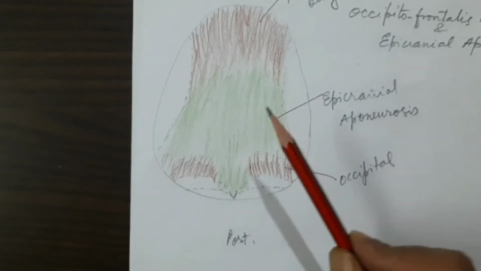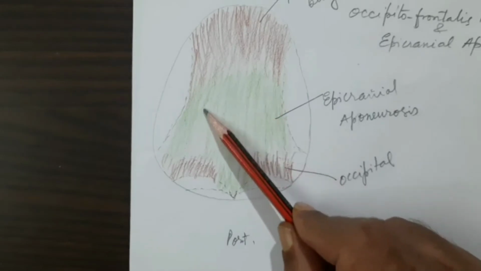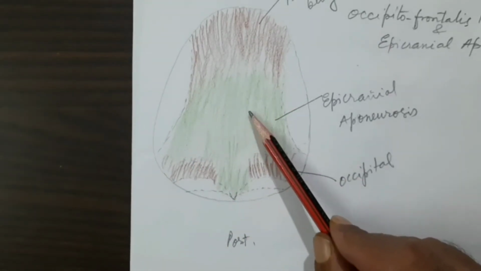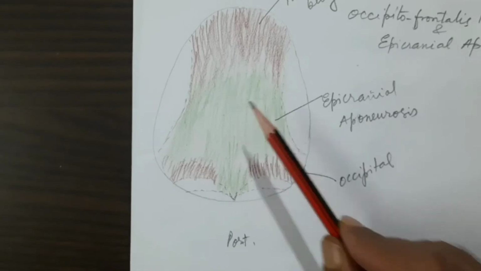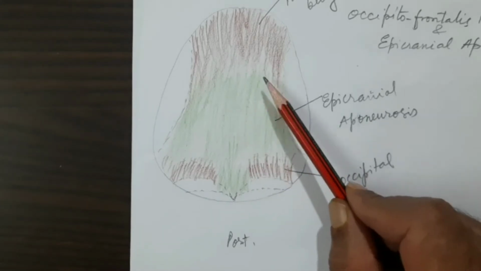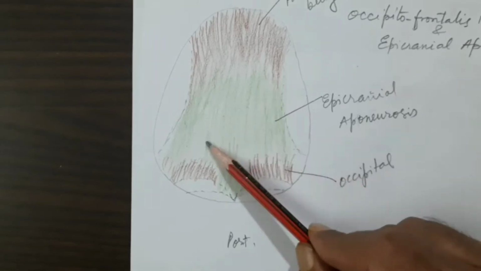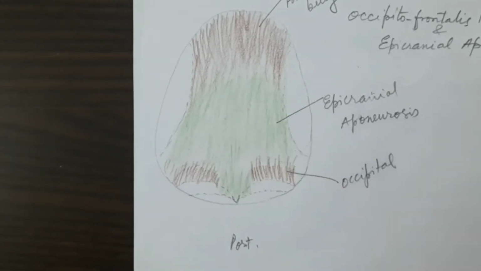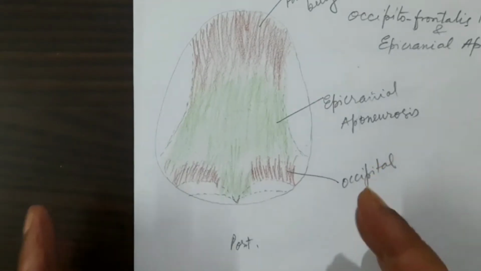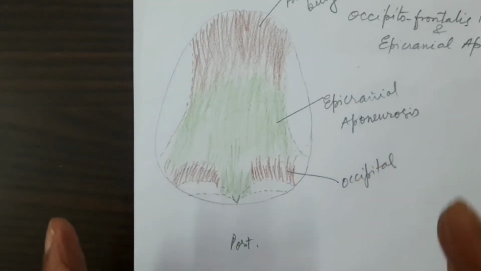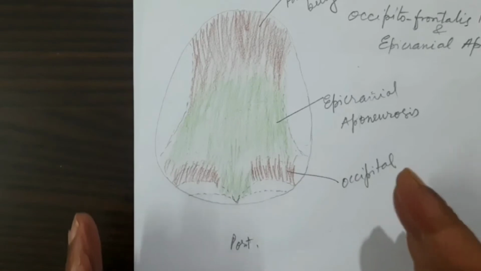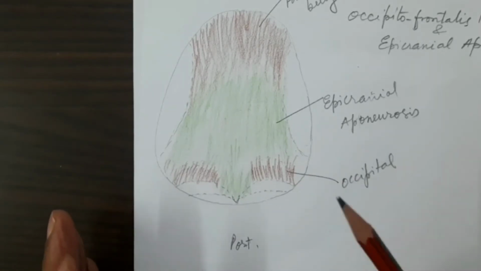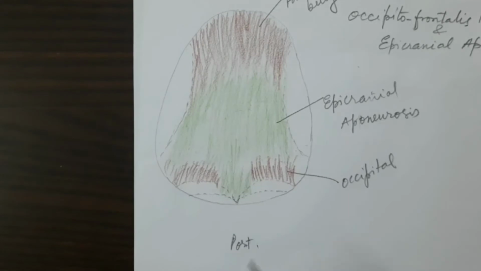But then we have learned that on the superior surface of this aponeurosis, there is the attachment of the strands of fibrous tissue of the second layer, which connects the undersurface of the skin with the superficial surface of this epicranial aponeurosis. It means that layer number 1 is skin, layer number 2 is superficial fascia, and layer number 3 is the epicranial aponeurosis, and they are firmly attached to each other.